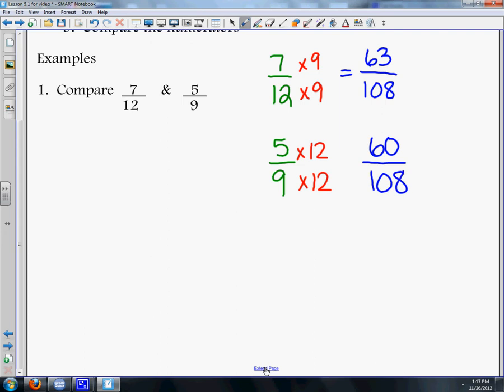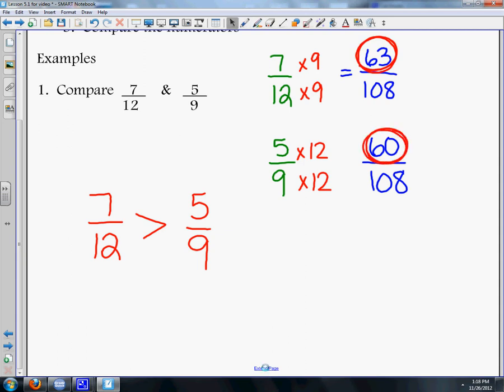So you get 63 over 108 and 60 over 108. So if I compare these fractions, I know that 7/12 is greater than 5/9. You're going to use your greater than, less than, or equal to signs. And I know it's greater than because 63 is greater than 60.